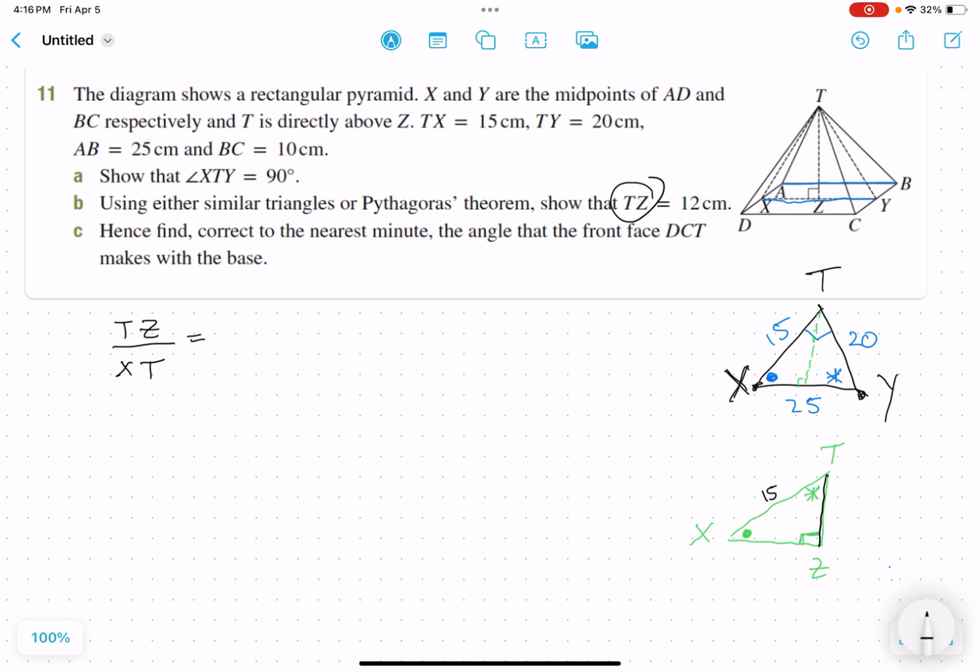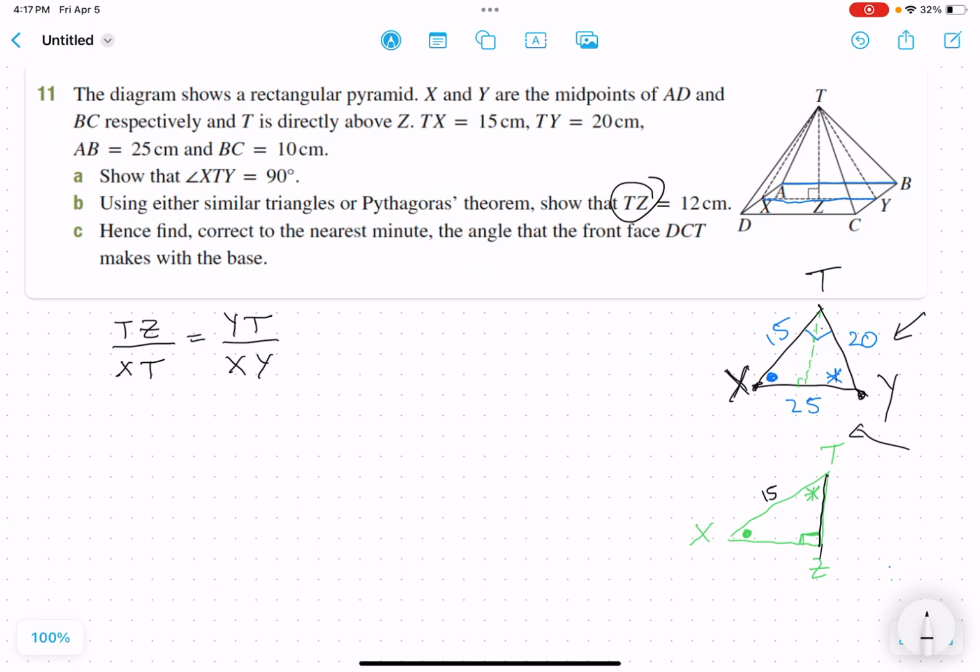T to Z was star to right angle. In this triangle, star to right angle is YT, so I'm going to use YT. XT was dot to star, and in this one that's XY, which is 25.